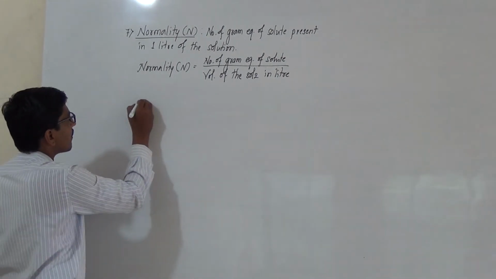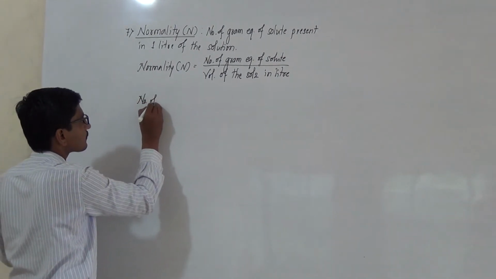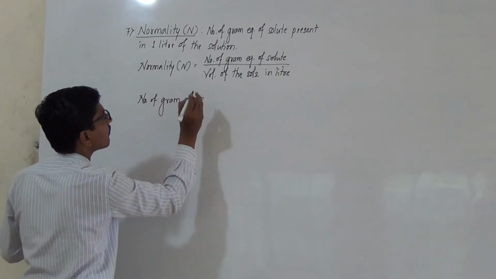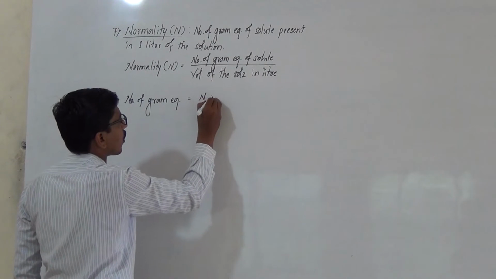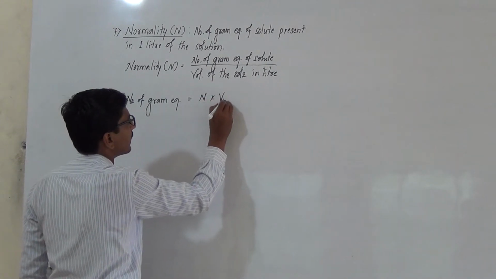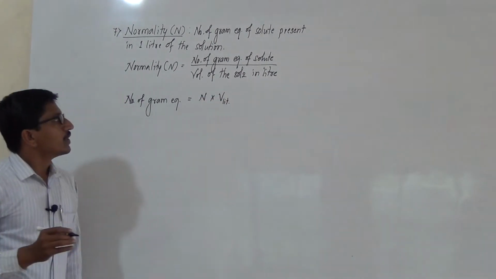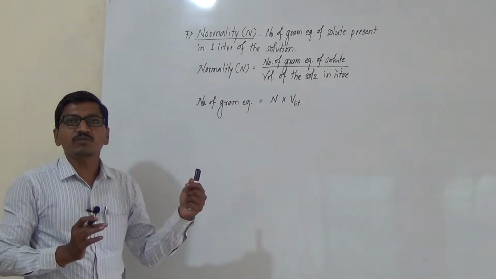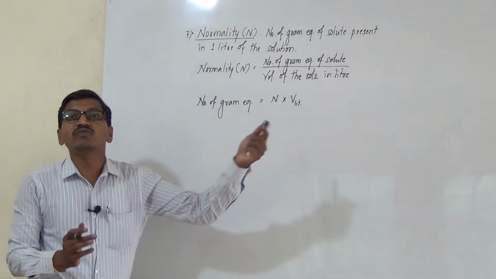And number of gram equivalents is calculated by using this formula: normality into V liter. In this, the gram equivalent is nothing but weight by equivalent weight.